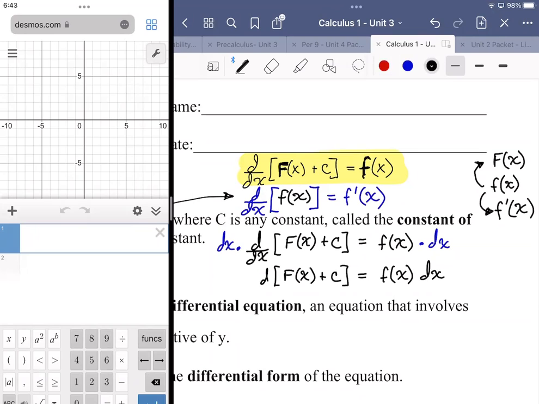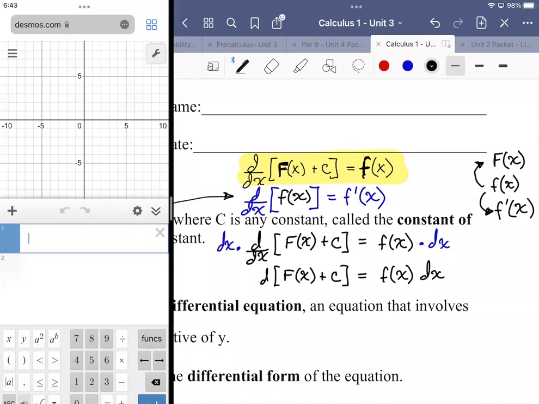So if I wanted to release the capital F of x plus c from the captivity that is the d, that means that it's a derivative. It's just looking at the instantaneous change in the y part of it, the capital F of x.